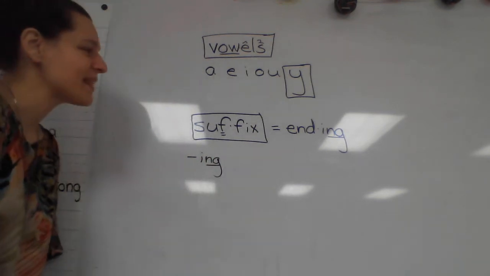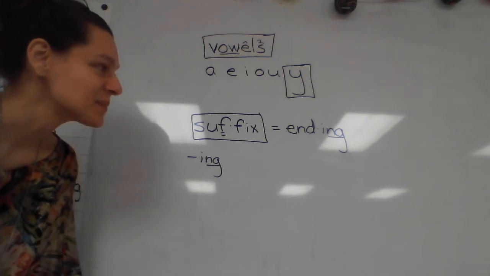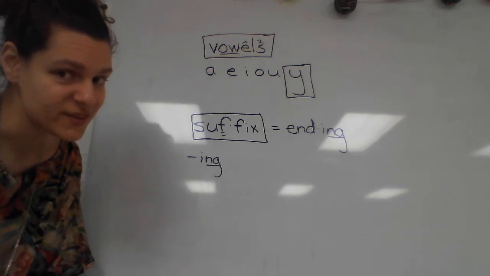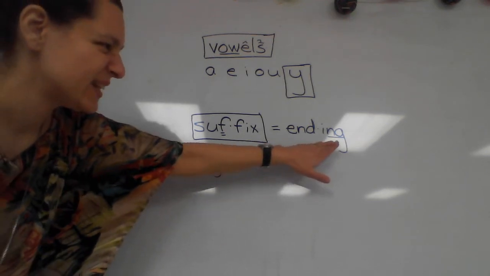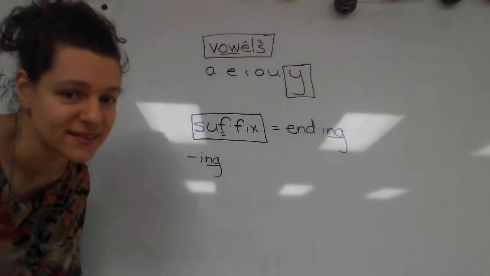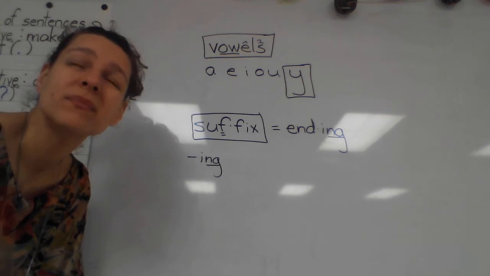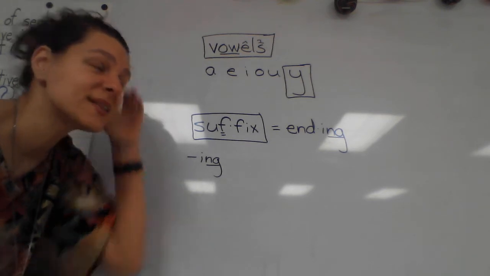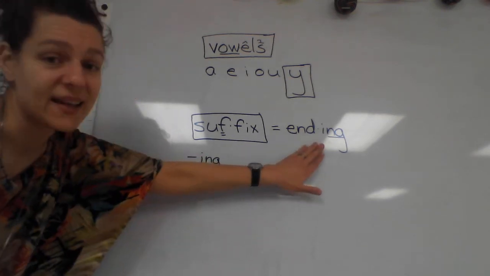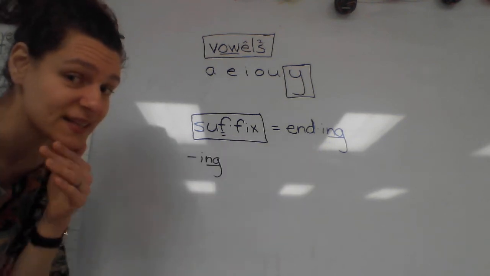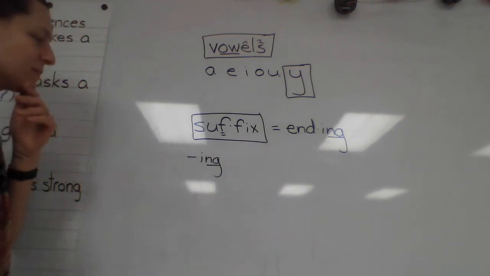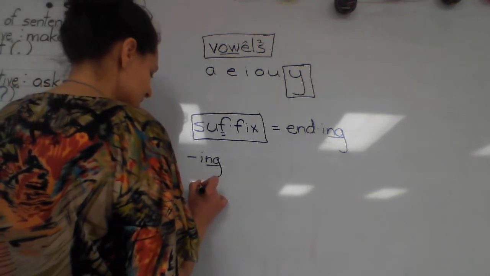What's another one? Another one is one of our phonograms, and it has the word ending in it, so we know that it's a suffix. Which phonogram, after we say the sounds, do we say something, something ending? Past tense ending. What's another suffix, class? Good, ed, d, t.